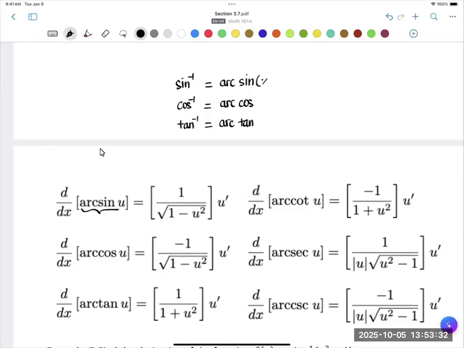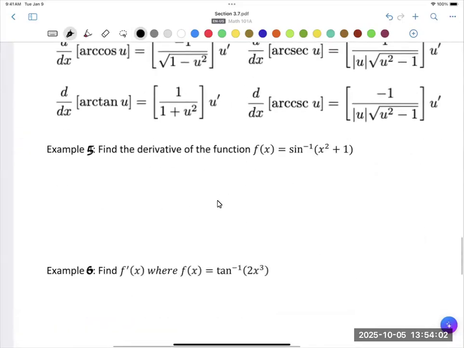So the inverse function can be read as an arc; arc sine, arc cosine, arc tangent mean the inverse of those trigonometric functions. If you have the derivative of arc sine u, then you're going to have 1 over square root of 1 minus u squared times u prime. So all you have to remember is that anything that's not x will need the chain rule.